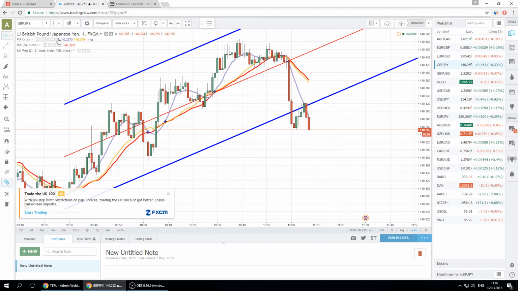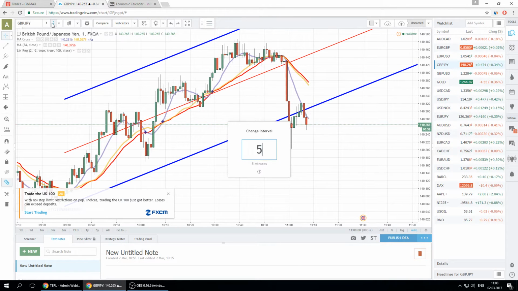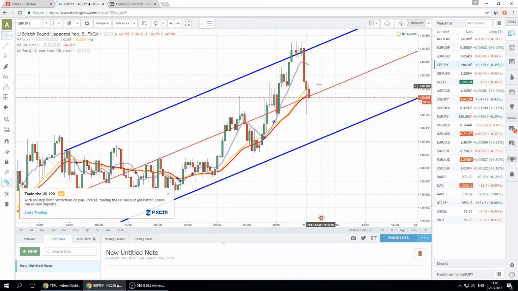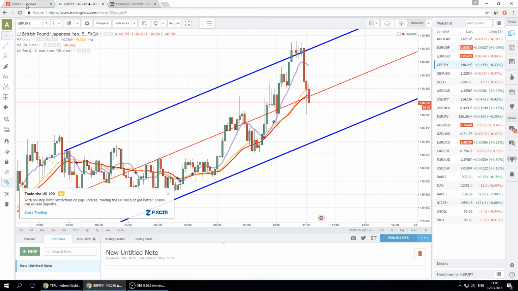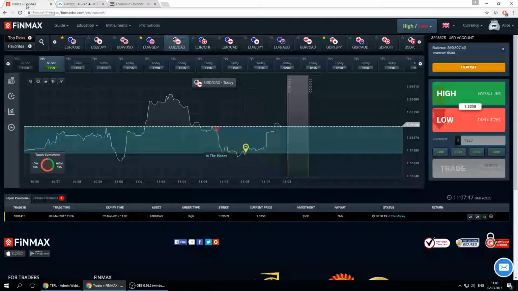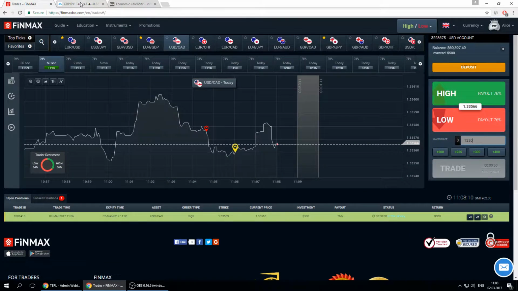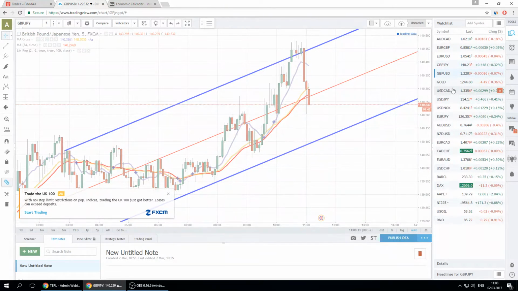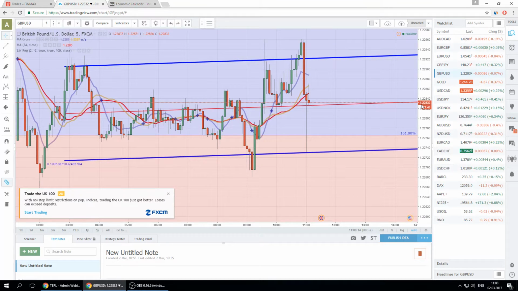As we see today, right now, British pound is showing us a downtrend, moving down. Okay, this one is in the money. Pretty high volatility. See what a long tail this candle has.